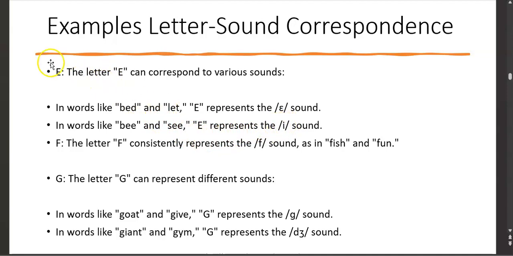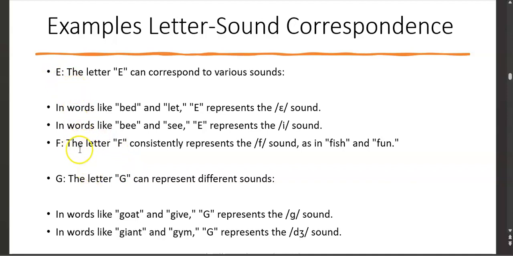But the letter is also E. In words like the, the pronunciation is just a different E. But in words like bed, let, we have a different pronunciation for E. So the letter is E, but the pronunciation varies.